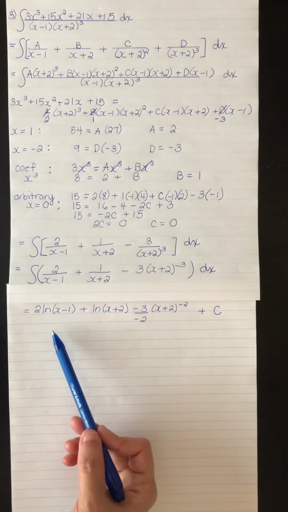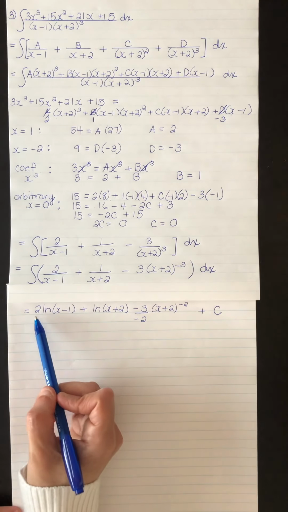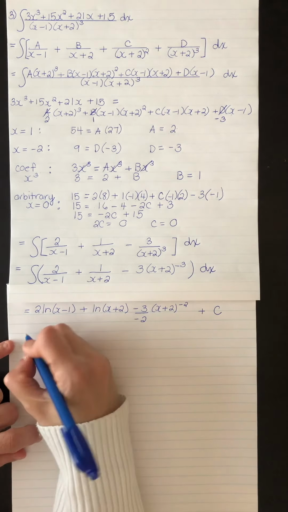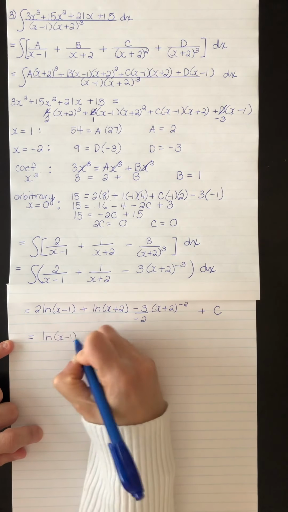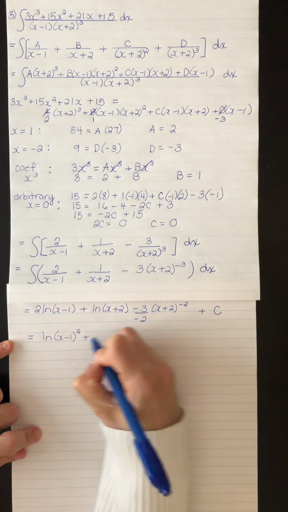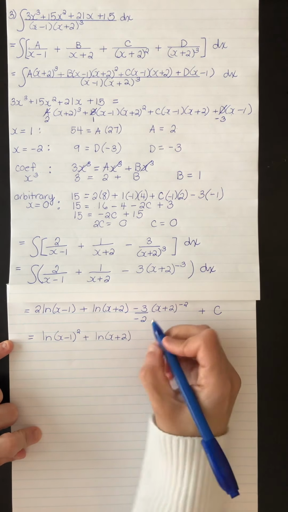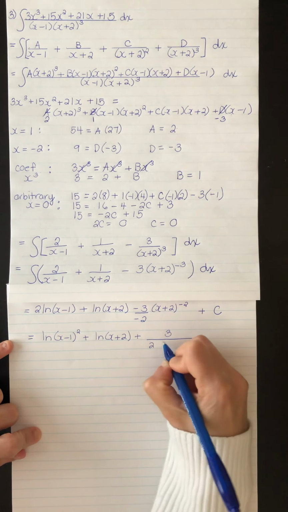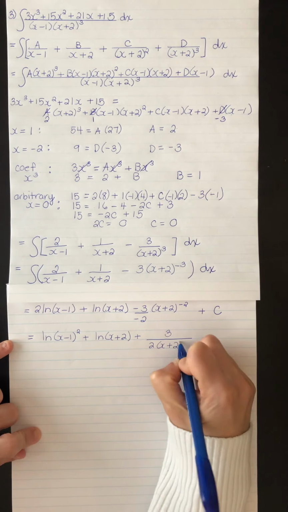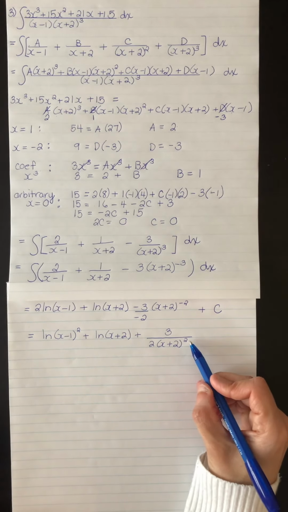We're going to combine these two logarithms. Remember, to combine them, we have to move this coefficient first. So it's going to be x minus 1 all squared. Here, we have positive 3/2, and we can write it with a positive exponent as well.